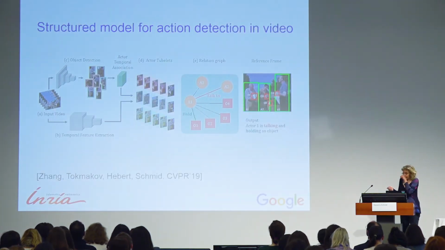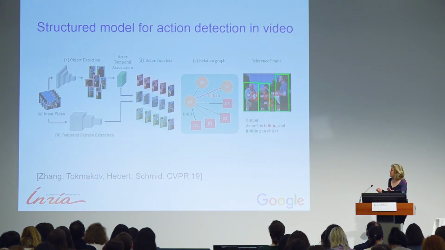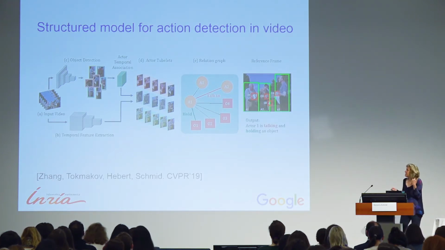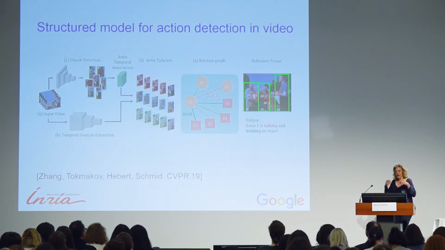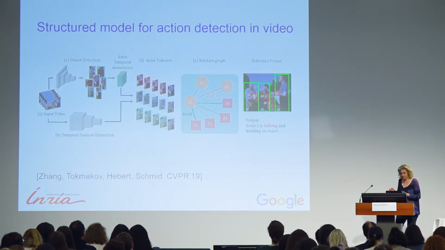And so here, we have gone to two recent approaches. The first one is actually a structured model. Here you want to go away from just modeling individual features or descriptors. What you want to do is create models which take into account how the person's action evolves over time and how it interacts with the environment.